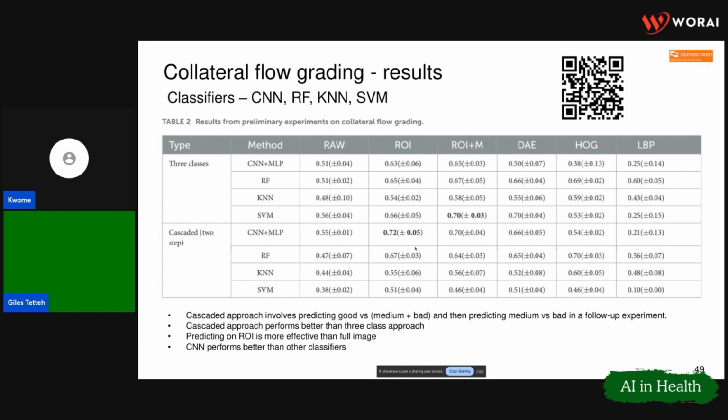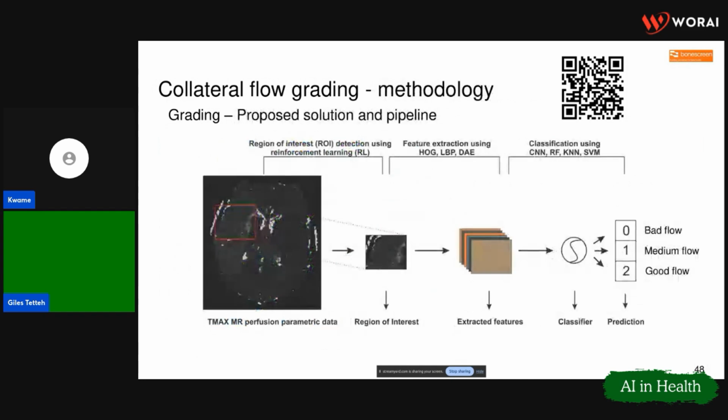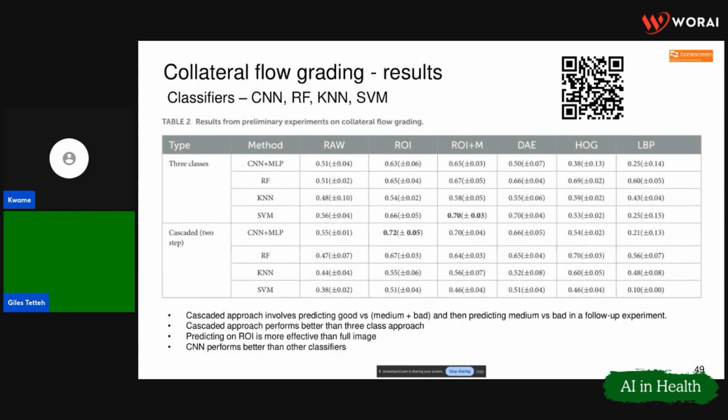So 72% is okay. However, the recommendation is that we should have a follow-up experiment where we increase the data size. I didn't state the amount of data here, but it's not a lot, I think less than 200 patients. We can get more patients and try to improve the model.